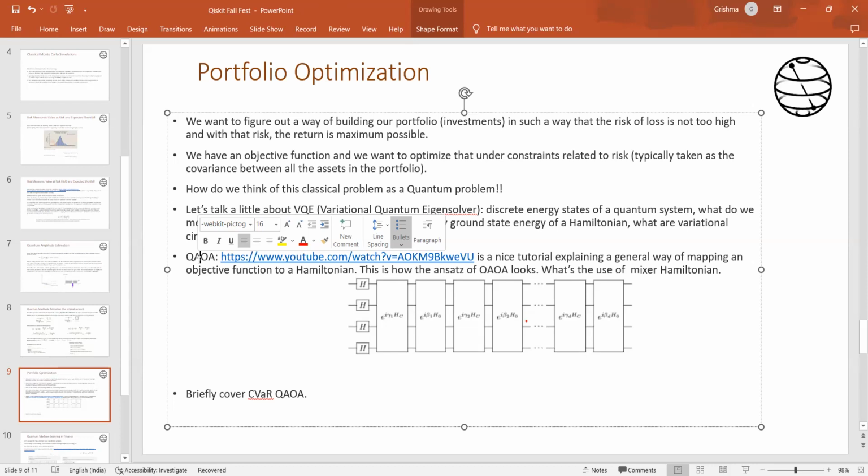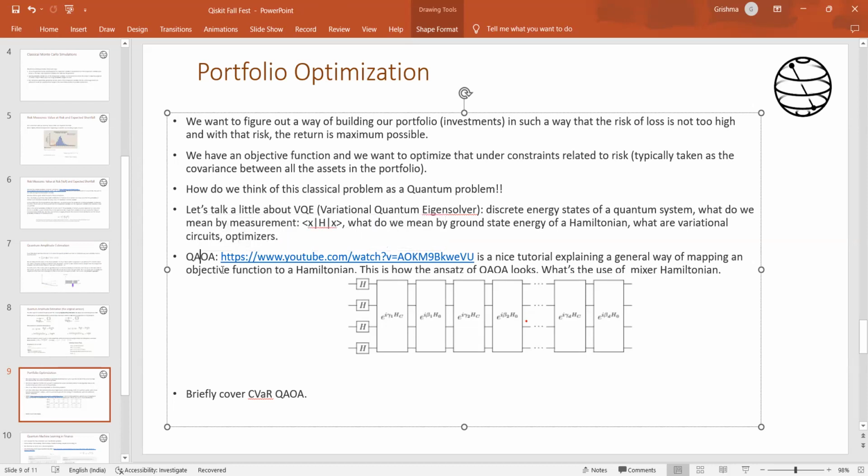This is a hybrid algorithm where your circuits are quantum circuits, but your optimizer is a classical optimizer, like any gradient based or even non gradient based classical optimizer.